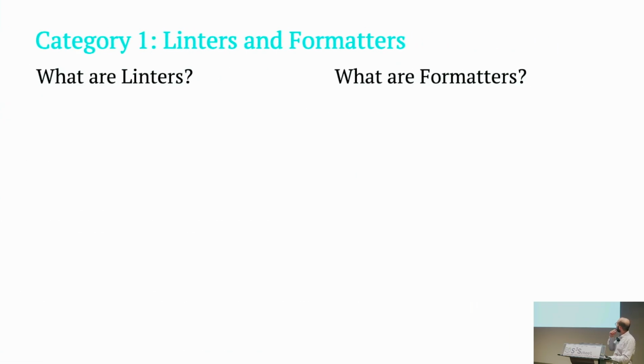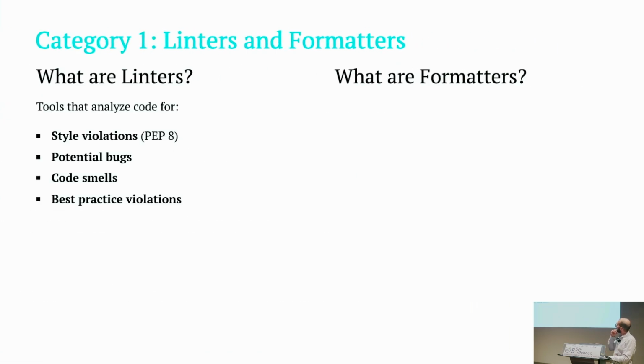So first, linters and formatters. Linters will analyze the code for style validation, style rules for Python, for example. Some potential bugs, because some bugs always have the same pattern.